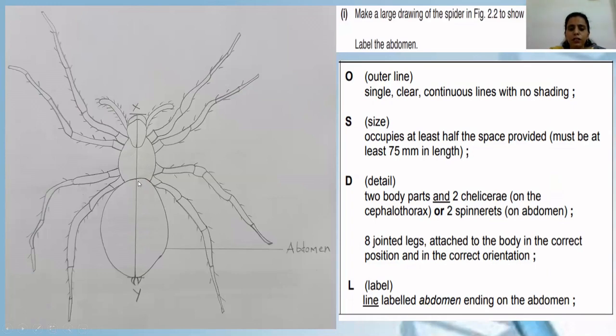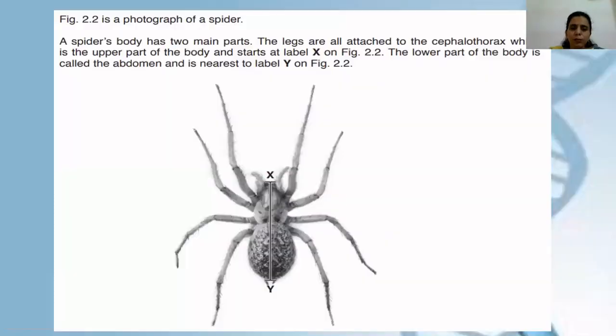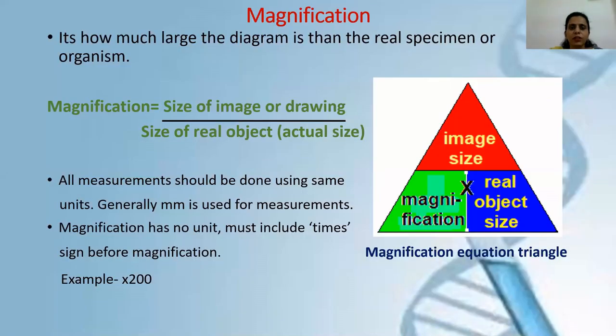So this diagram is larger than the original picture. So how much the diagram has been enlarged, how much the apparent size of the diagram is increased from the original picture, that's known as magnification.